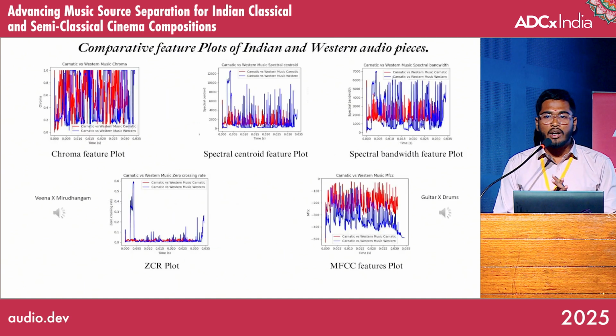So basically, what is our idea? We have a Western source separation model, which is trained fully on Western music instrument data sets. So our goal is to build a model or fine-tune an existing model to perform well for Indian classical music instruments.